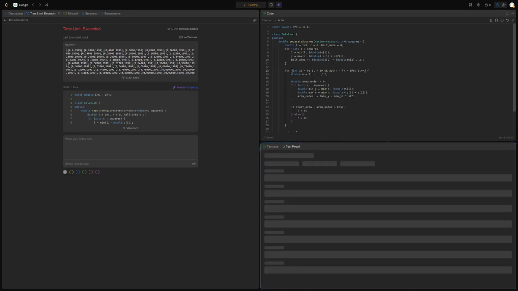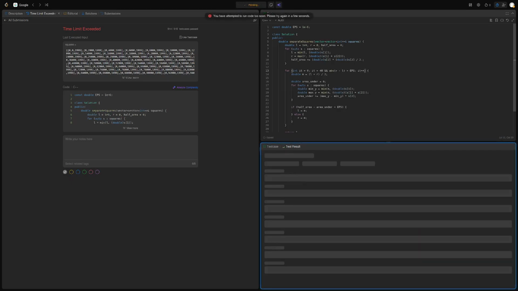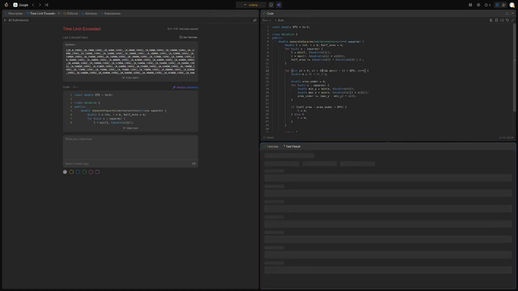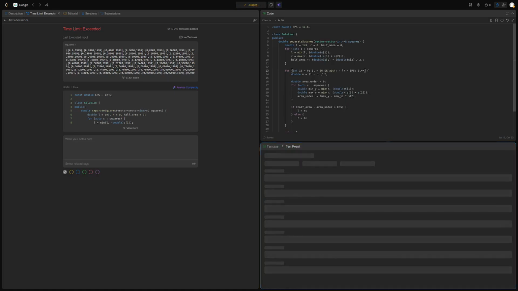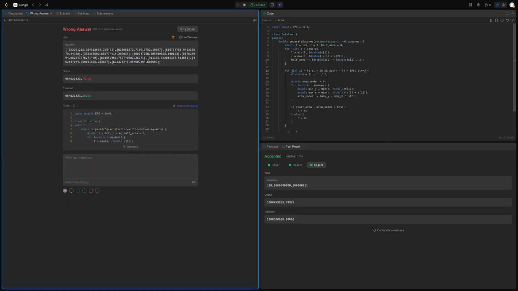Is it because I'm not using long double? Really? 40 iterations? That seems excessive. Okay, 36 iterations. That will not pass because that's too many, I think. Okay, we got a wrong answer, so I have to change the approach.